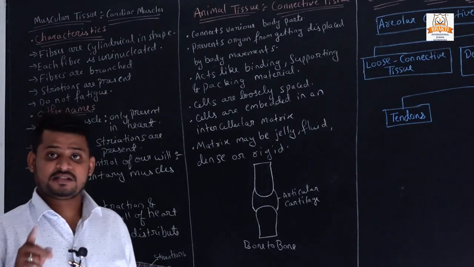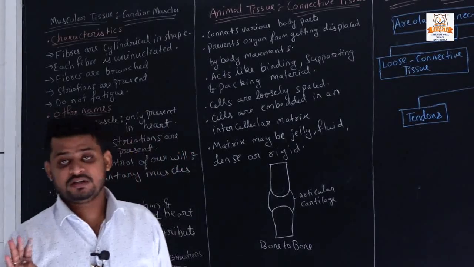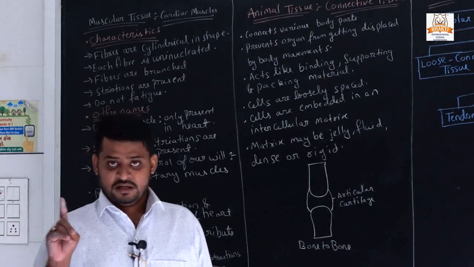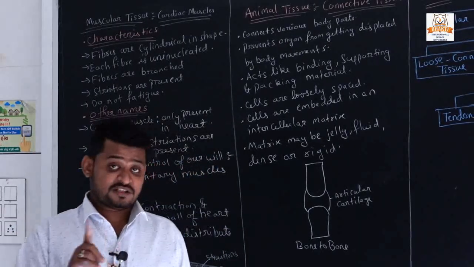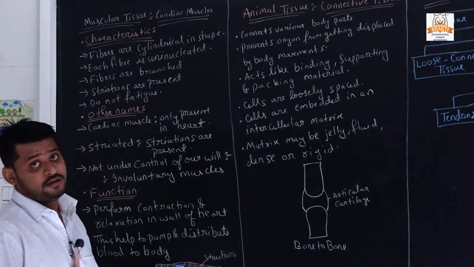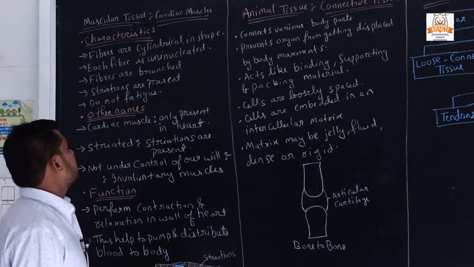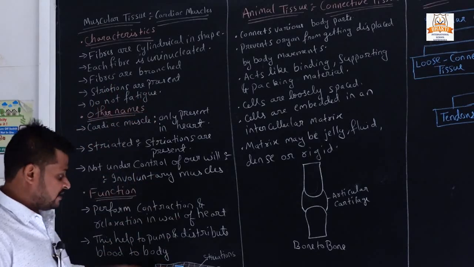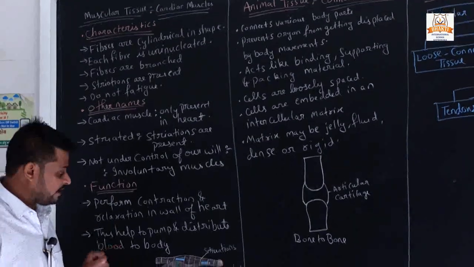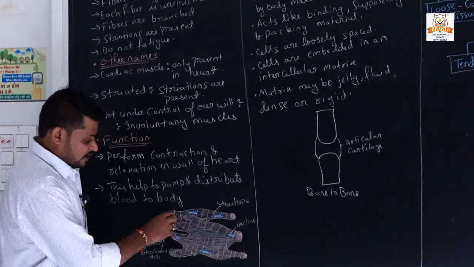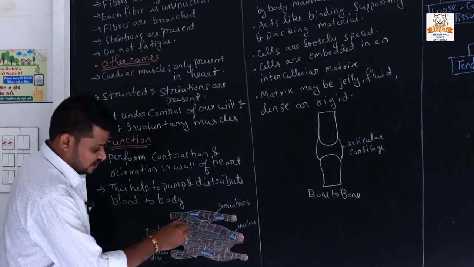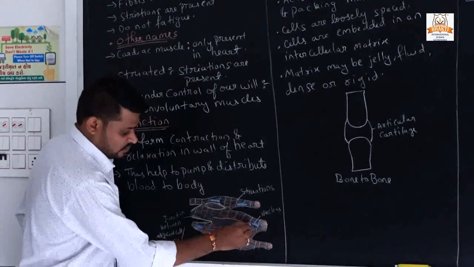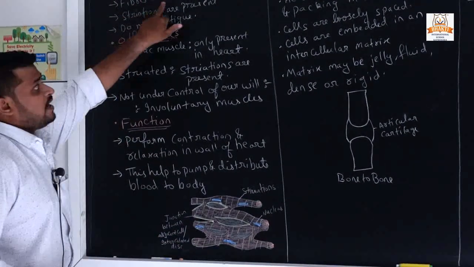In skeletal muscles there are multiple nuclei, so many nuclei present in each fiber, but smooth and cardiac muscles have only one nucleus in each fiber. Fibers are branched. If you see the structure of cardiac muscle, you can see the branches present. So fibers are branched.